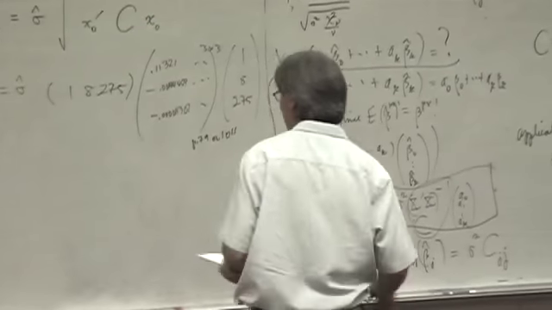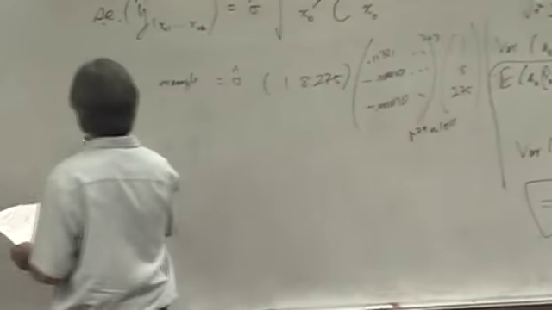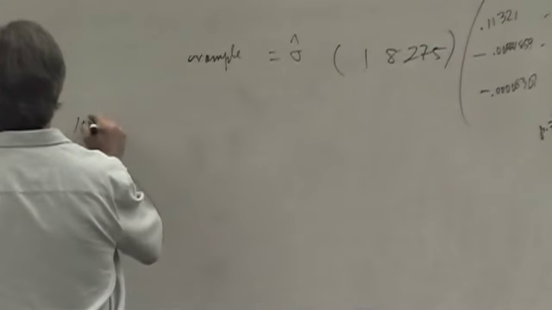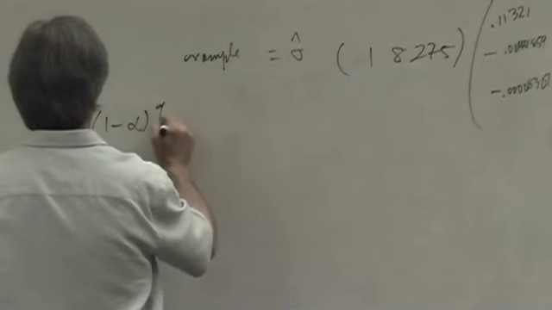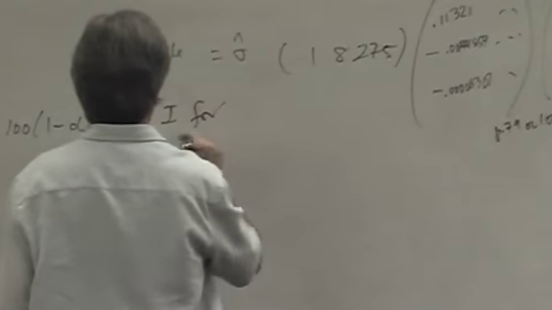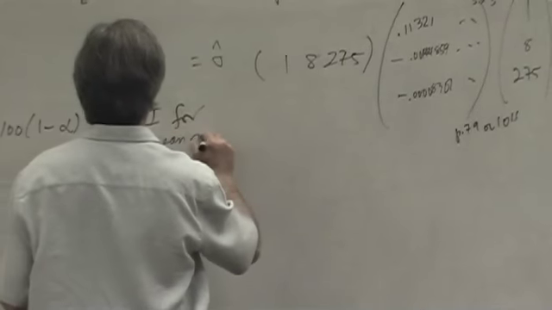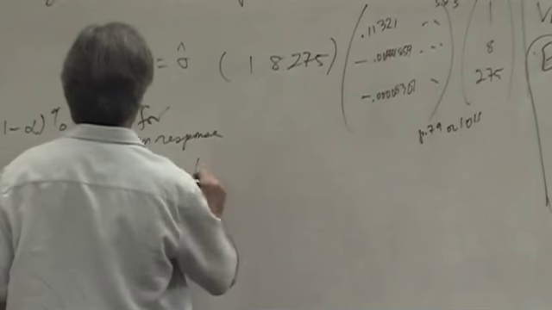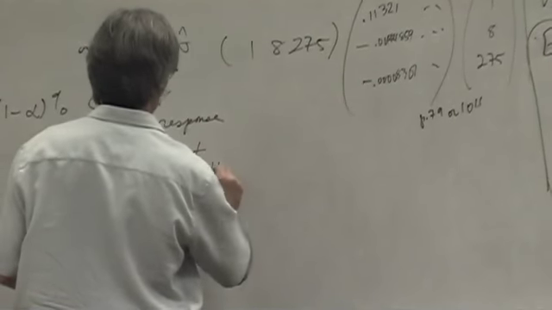So that was the application, and so you get the 100 times 1 minus alpha percent confidence interval for mean response. I might as well finish this. It is therefore y hat plus or minus t alpha over 2, nu.